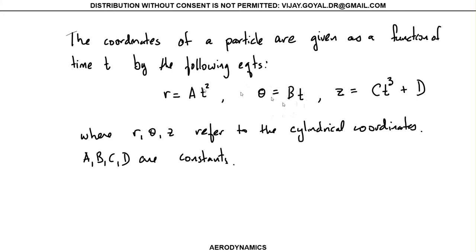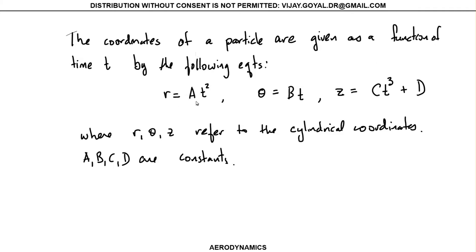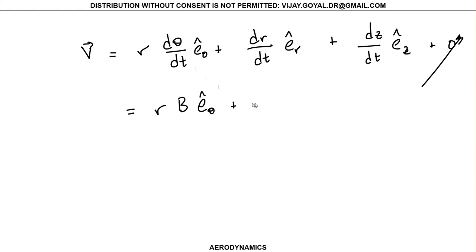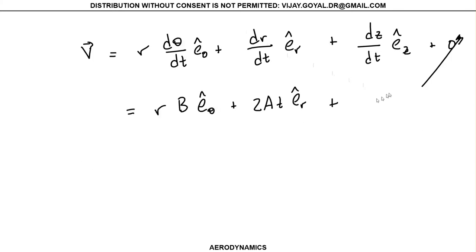The derivative of theta with respect to time is b, eθ, plus dr/dt, which is 2 times a times t, er, plus dz/dt, where the d goes away and you get 3 times ct squared. So this is 3 times ct squared ez.